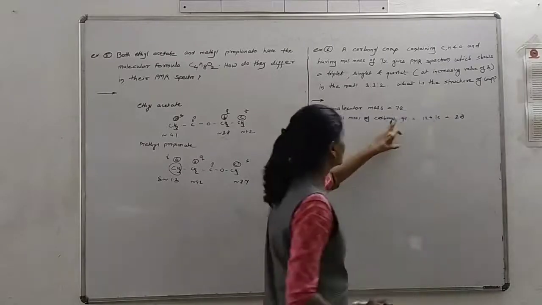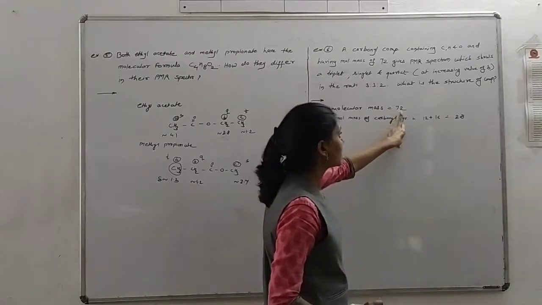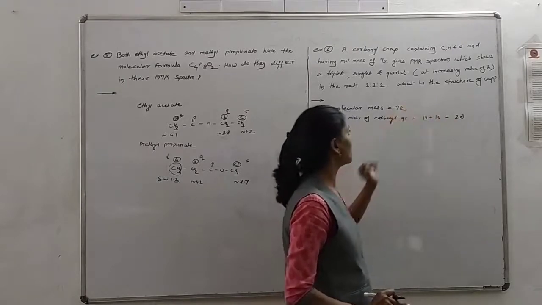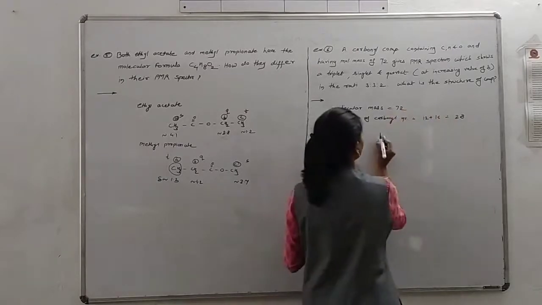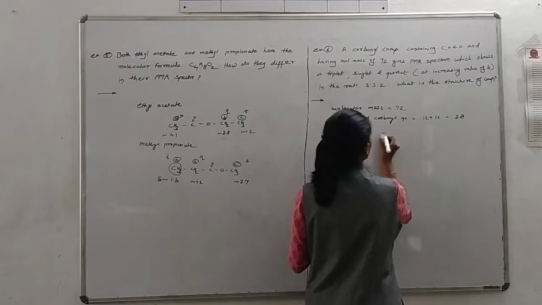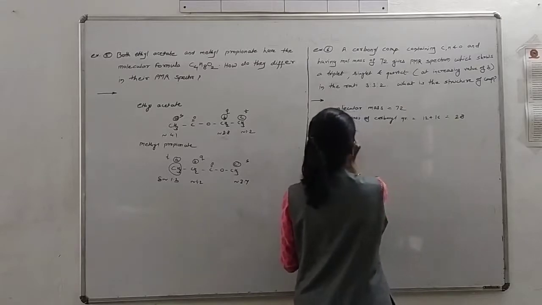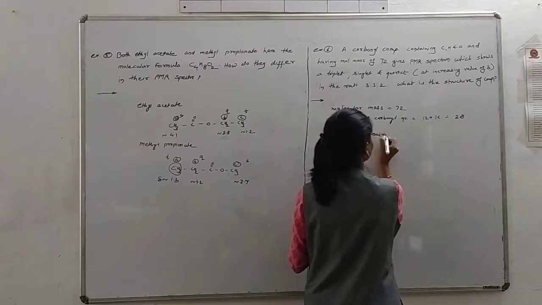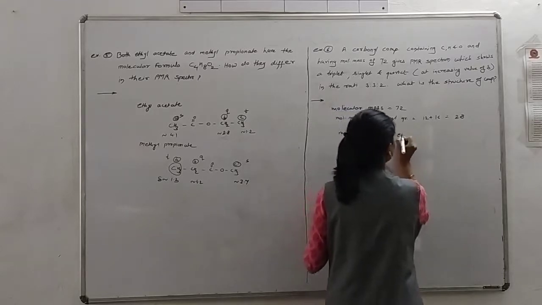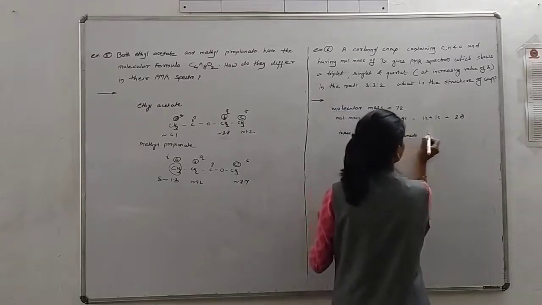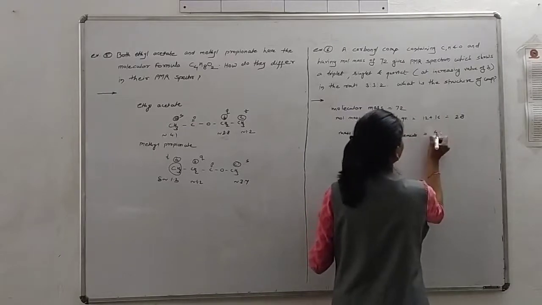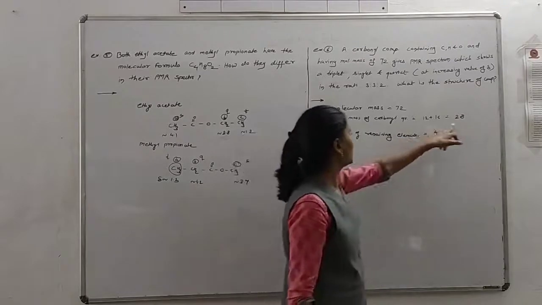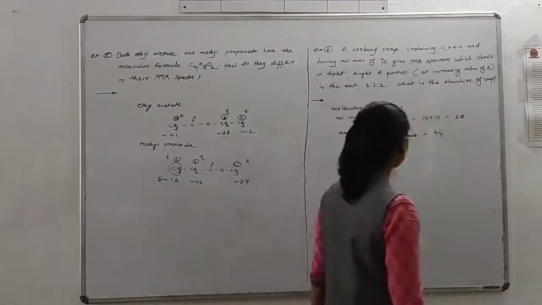So subtract the mass of the carbonyl from the total mass. We get the mass of the remaining elements, which is 44 when we subtract 28 from 72.